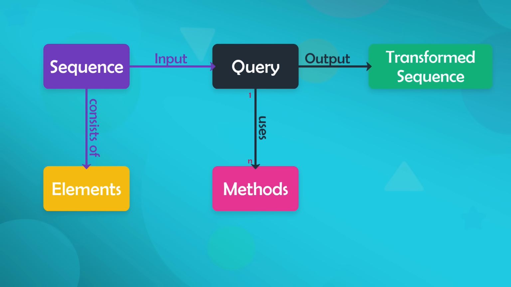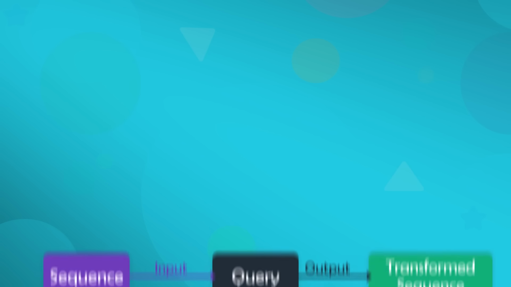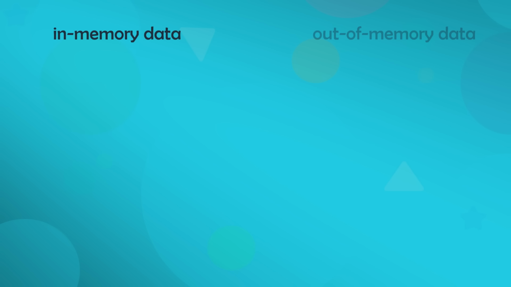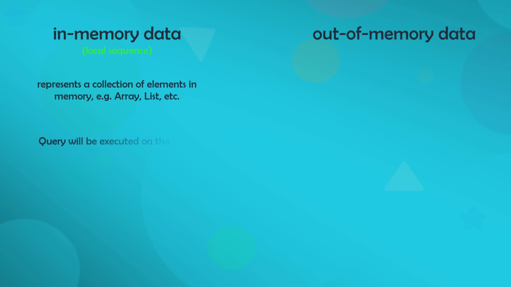We also have 2 other keywords. These are in-memory data and out-of-memory data. In-memory data represents a collection of elements in memory, like an array or list. We call it also a local sequence. If we use in-memory data, the query will be executed on the client, because we have the data on the client also. Out-of-memory data is the opposite of in-memory data.